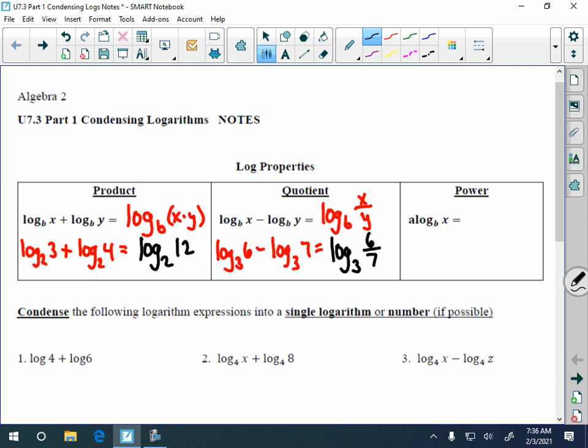All right, and then this power rule says that when there's a number that's being multiplied to the log, we can bring it up as a power or an exponent. So it's log base b of x to the a power. Right, so that a in front, instead of multiplying it to the log, will move up as an exponent.